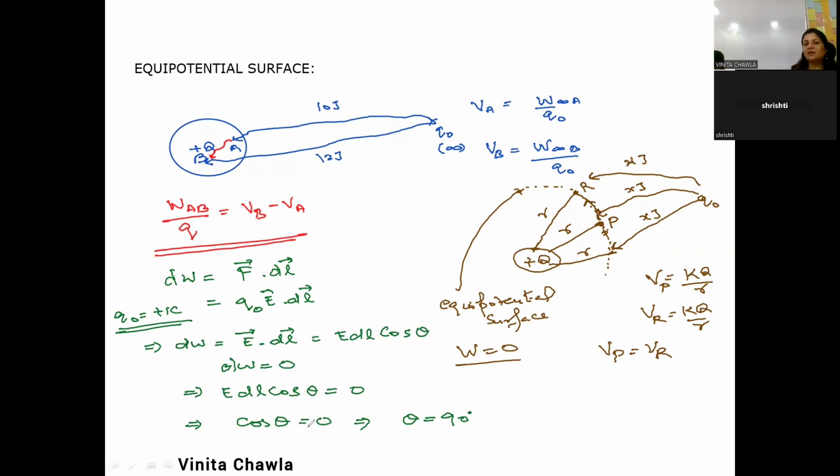So it means that both E and dl are perpendicular. So from here we can conclude that equipotential surfaces are always perpendicular to the field lines.